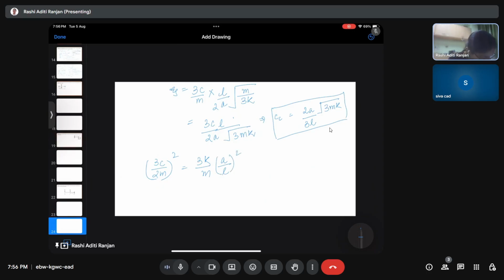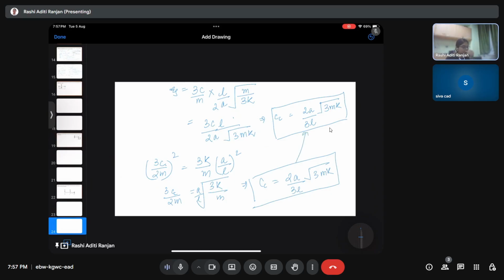So we are going to get 3cc by 2m is equal to 3k by m under root a by l, which implies cc is nothing but 2a by 3l under root of 3mk, which comes out to be the same value as this. So both ways we can either use the discriminant or we can use this way.